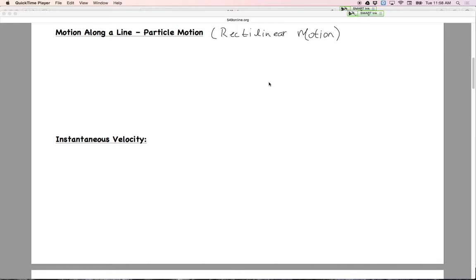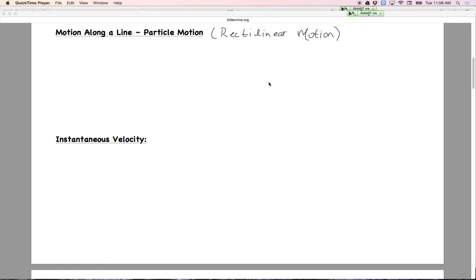We know time exists, it passes, we can go forward and backwards in time and talk about what happened in the past and the future mathematically. But we're not going to know what the time values are right now. Tomorrow we'll get into specific time values. What we're going to be talking about is the position along a line relative to time. We're just not going to know what that time is today.